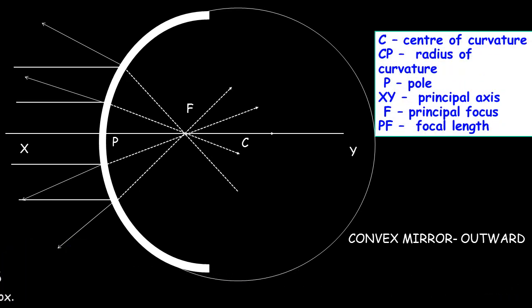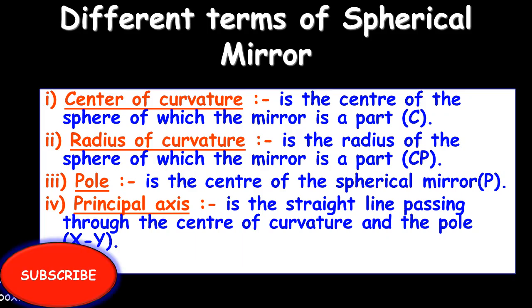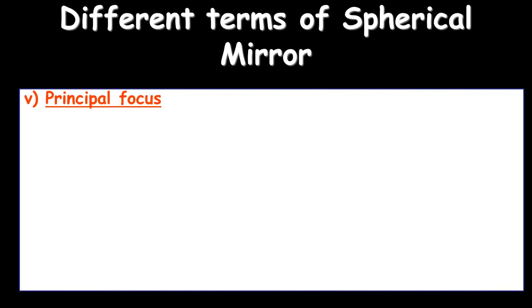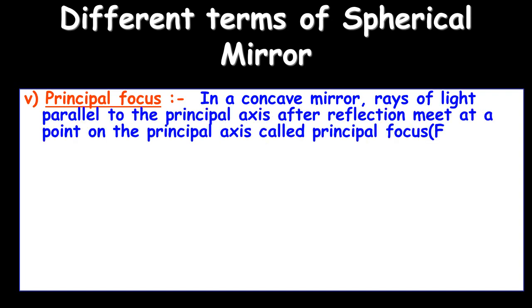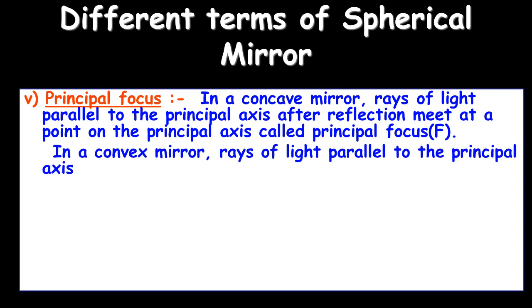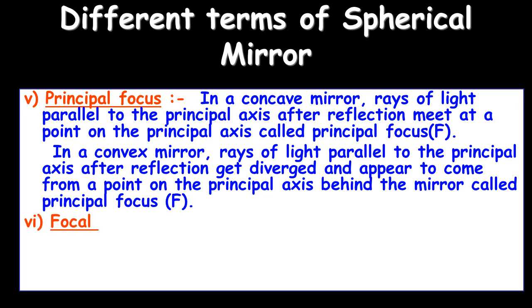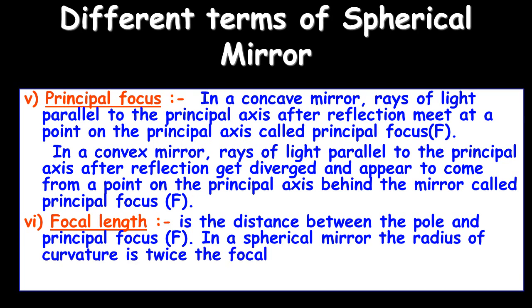This is in the case of a convex mirror. The distance between the pole and the principal focus is known as the focal length. It is observed that the radius of curvature is twice the focal length.